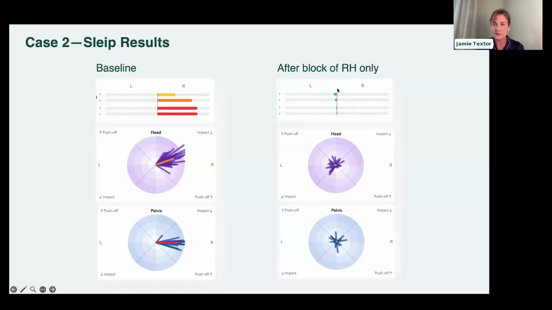And in fact, all of that right front as well, all of it is gone. So that right front head movement that was asymmetric here has been entirely eliminated only by blocking the right hind. Okay, so that was a 100% pure compensatory right front asymmetry, all right, in this particular instance.